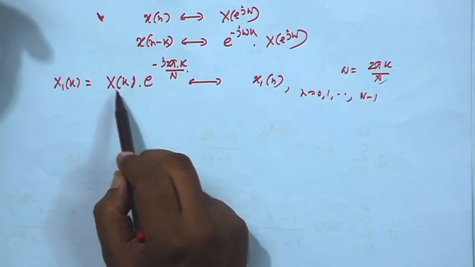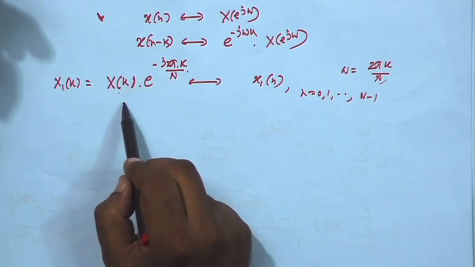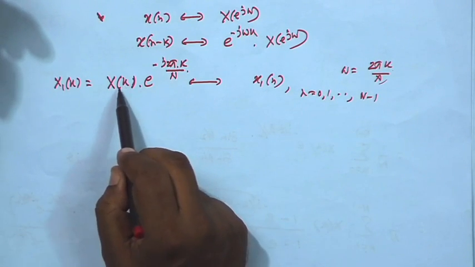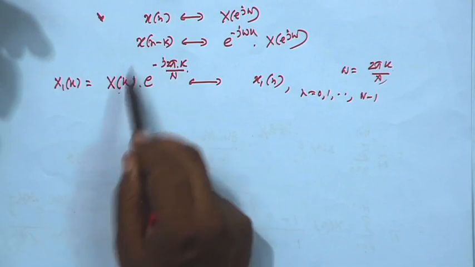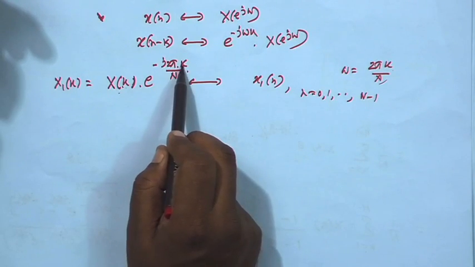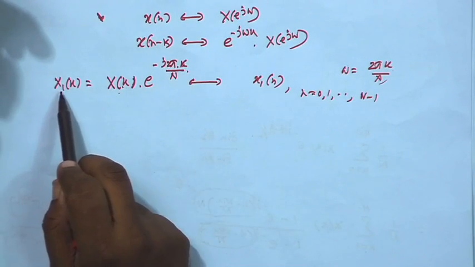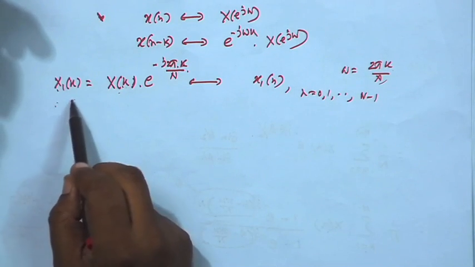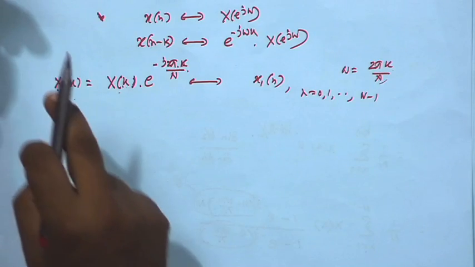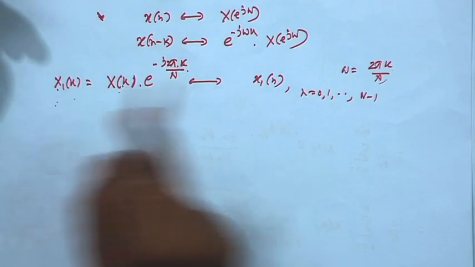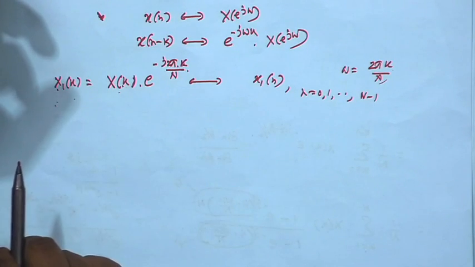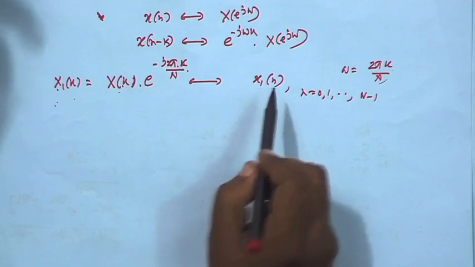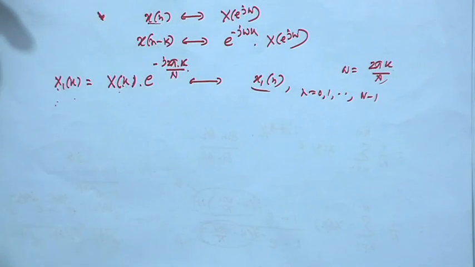So, those DFT values capital X k, k could be 0, k could be 1 up to n minus 1. So, for any k, I multiply it by a complex factor. The same k I put here, and this whole thing I call x 1 k. So, x 1 k means I have got capital X 1 0, capital X 1 1, capital X 1 2 and so on. Using them I can run the inverse DFT formula and get a new sequence, that will be x 1 n. How is x 1 n related to x n?